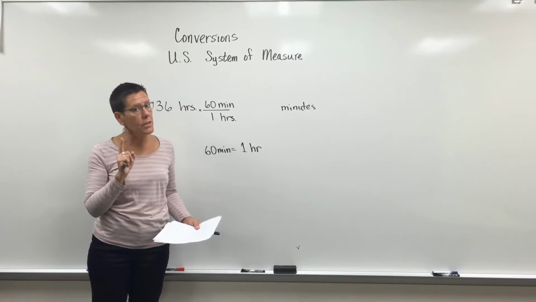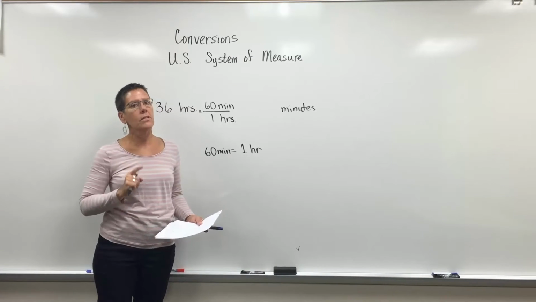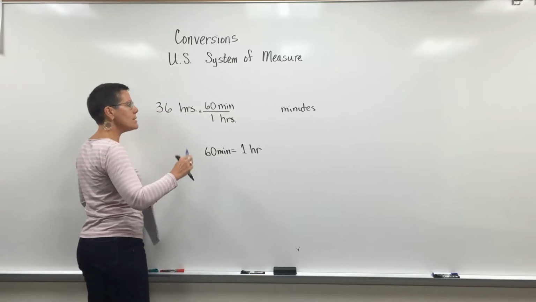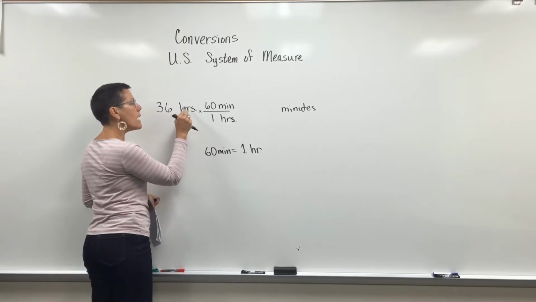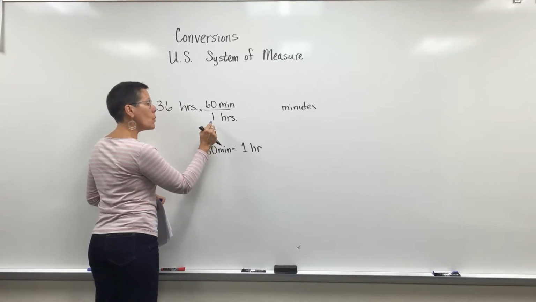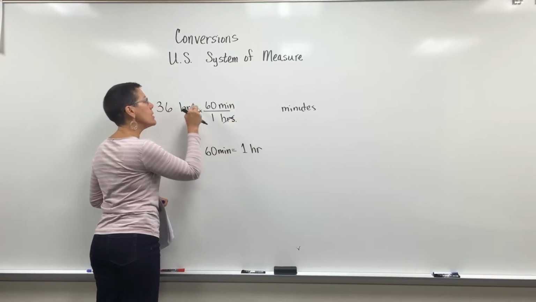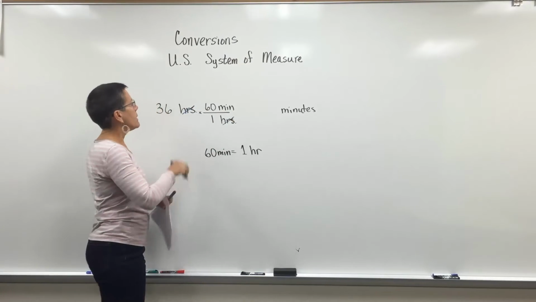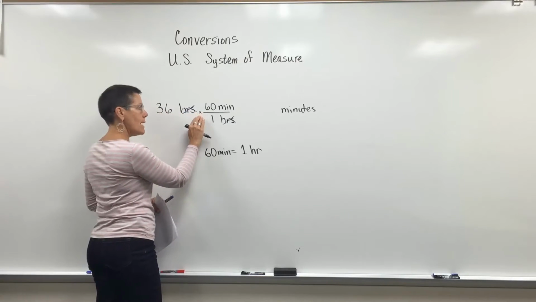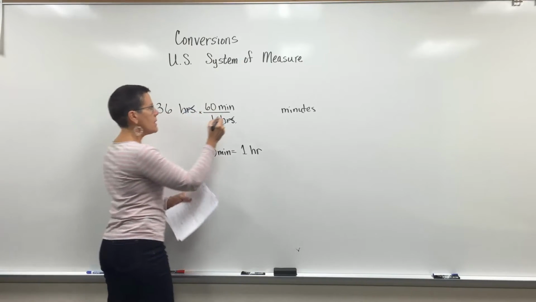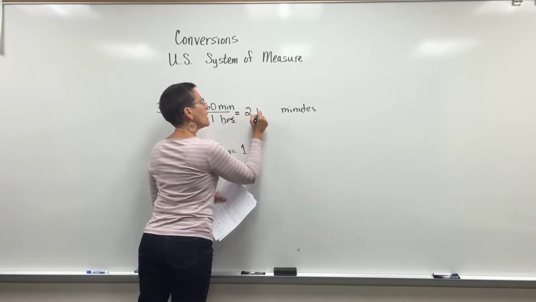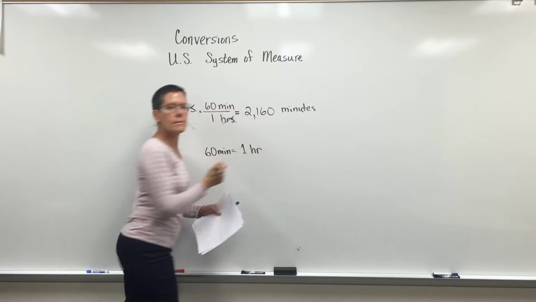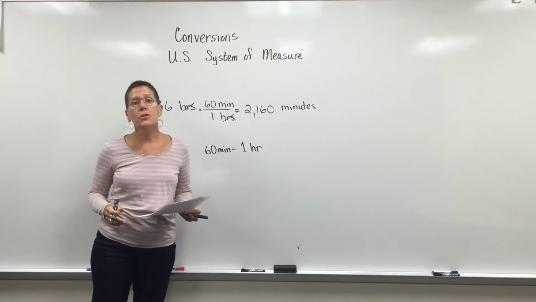And those are the only 2 options here, and it has to do with the fact that your given was in hours. You had to put the 1 hour in this denominator so you could remove that common word, and now you could take 36 times 60 on your calculator and get 2,160 minutes.